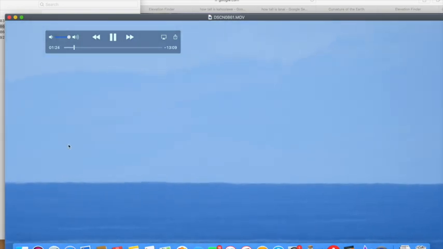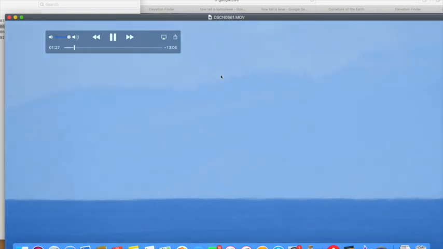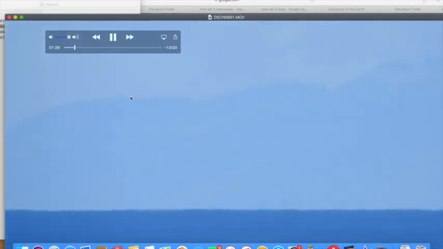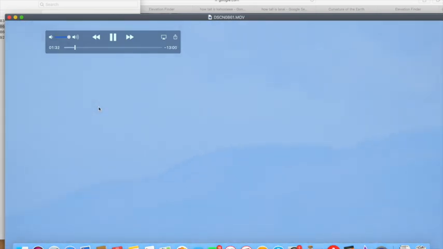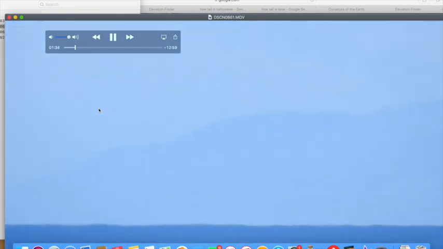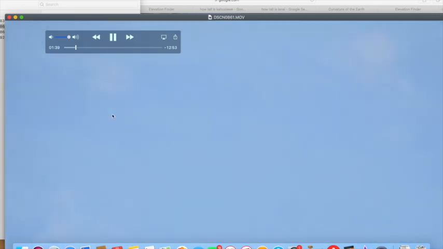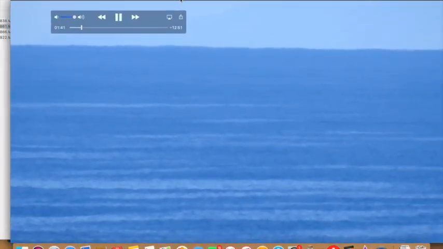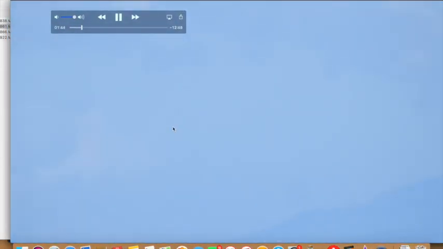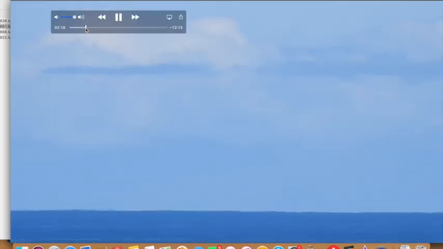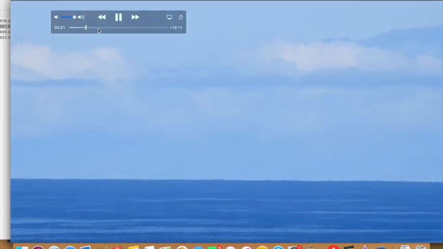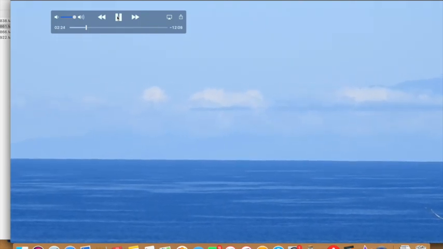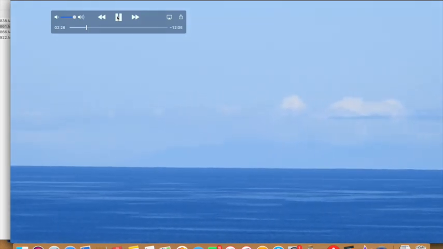Now, see some treetops up there. A little patience, please. I can adjust the focus manually. Let's skip this around. Okay. Still looking at Maui here.